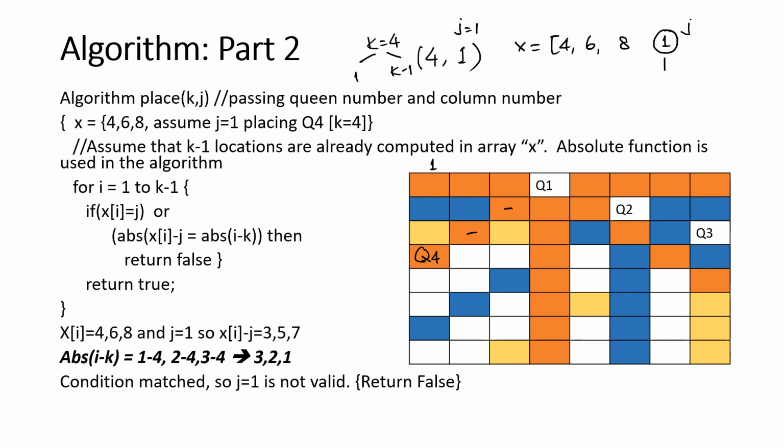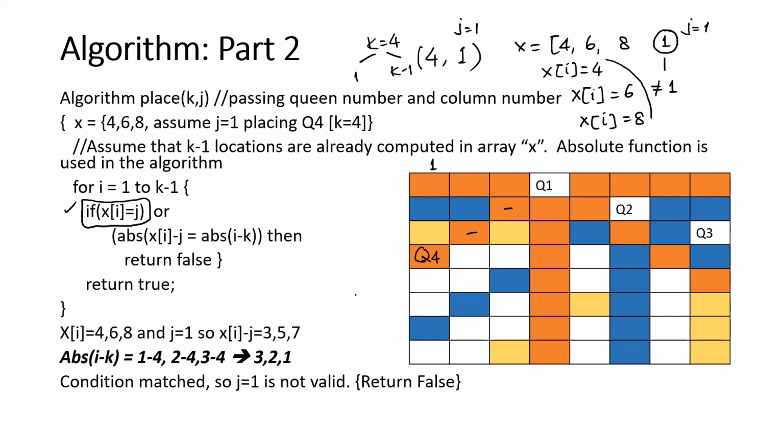What is j? j is 1. x of i is 4, x of i is 6, and x of i is 8. So for all these three values, it is not equal to 1. It means that that particular column has not been used till this time.